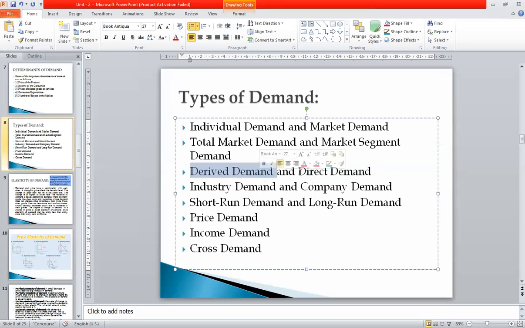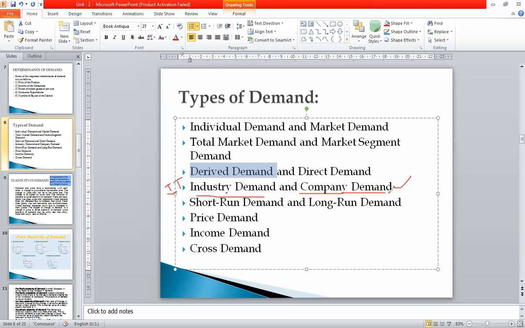When we want to estimate the demand for one product directly, we can also do that. And we have the terms industry demand and company demand. You might see companies like TCS, Accenture and Wipro. If you're analyzing the demand for one company, it is called company demand. When you are determining the demand of the whole IT sector, all the companies working in it, then it is called industry demand. The demand for one company's phones, like Oppo or Vivo, is company demand. Hero bikes or Honda bikes, one company, is company demand. Whereas when we take the automobile industry altogether, it is called industry demand.